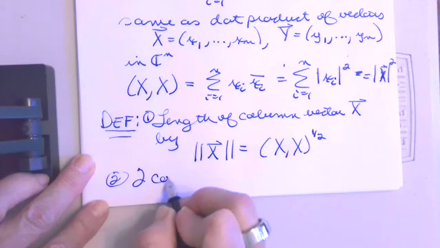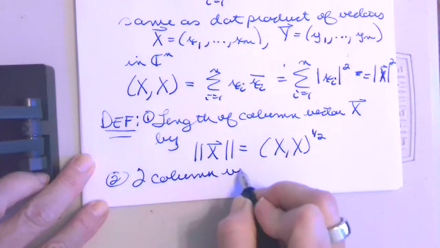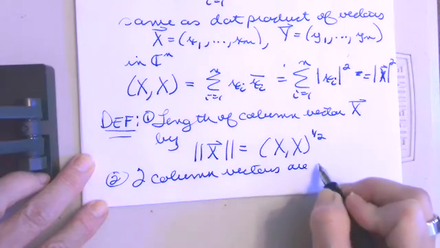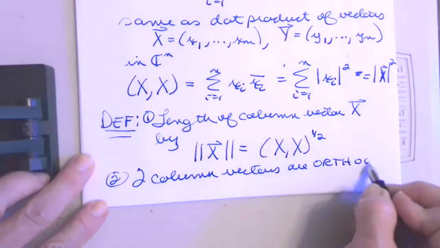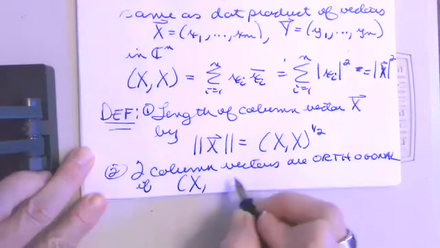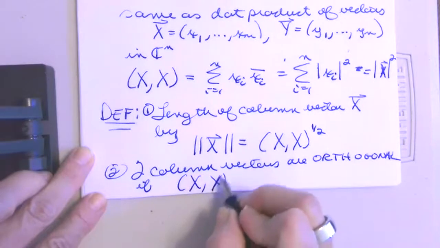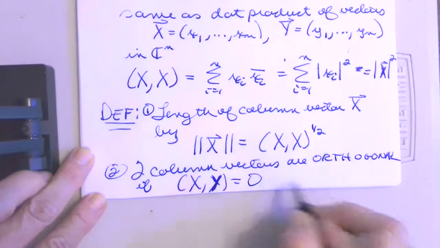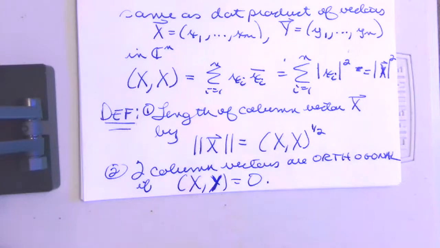two column vectors are orthogonal if x inner product y equals 0. Just like you had for the dot product in calculus 3, because when you had just vectors in R3 or R2, you could think of the dot product as the cosine of the angle between the two, times the length of each one, and got it that way.